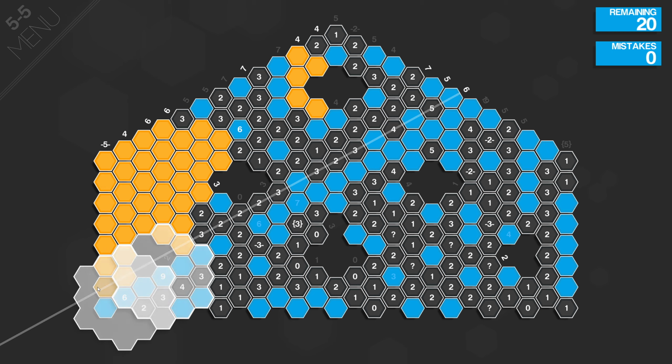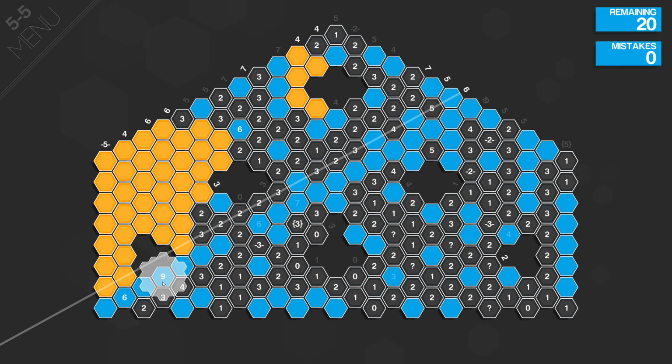So one of these is not blue. This 6 needs 1, 2, 3. Needs one of these to not be blue. And this 9 needs 1, 2, 3, 4, 5, 6, 7, 8, 9. One of these to not be blue.